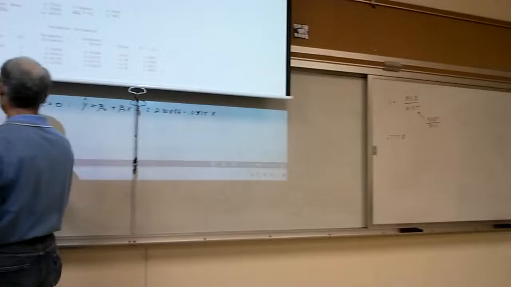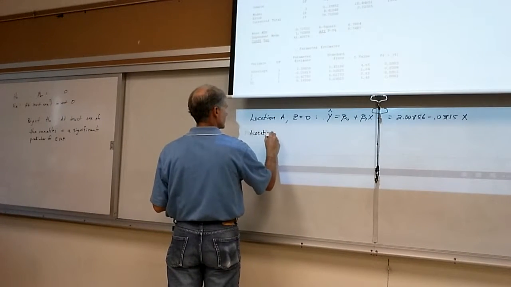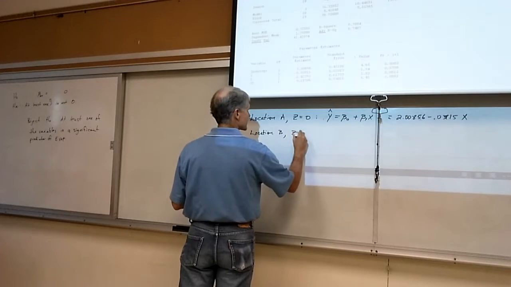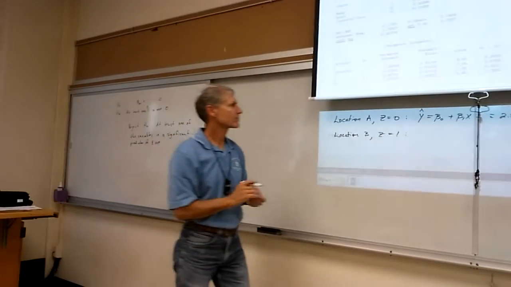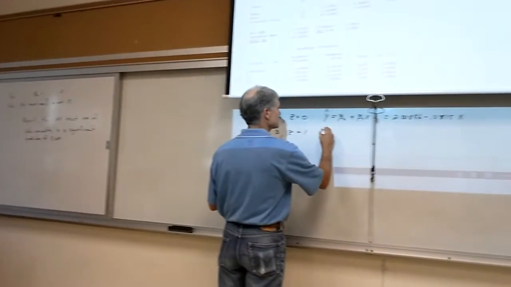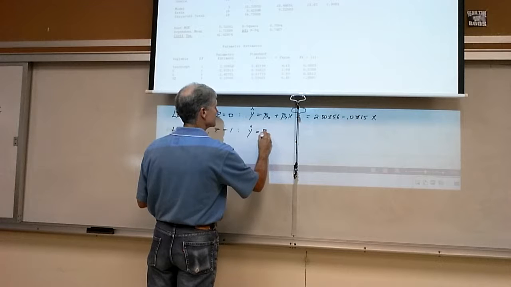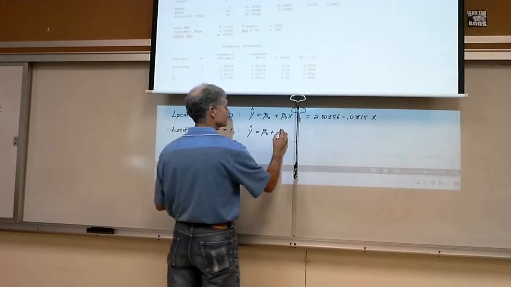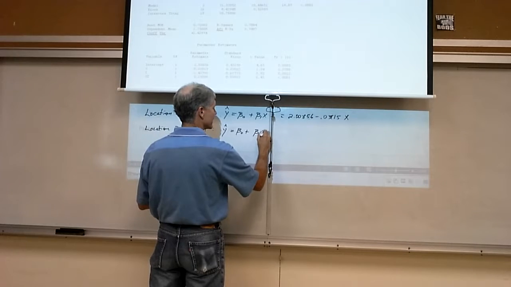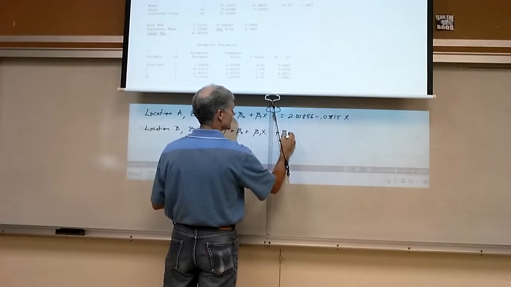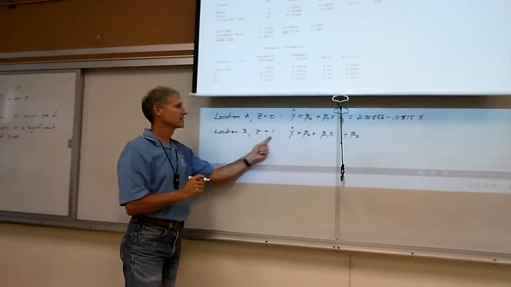So what's my model for location B? This time z is 1. Y hat equals beta 0 plus beta 1x plus beta 2z plus beta 3xz.